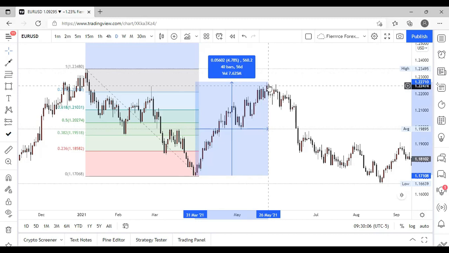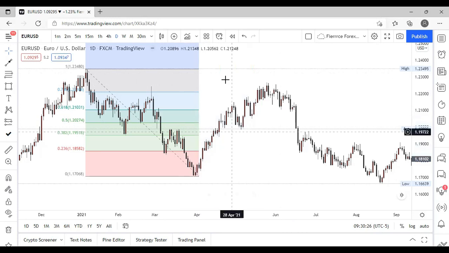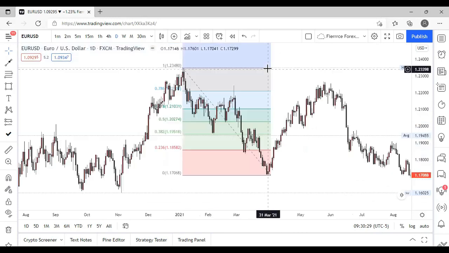If you did the class on calculation of pips, on a micro lot, that's $56. On a mini lot, that's $560. And on a standard lot, that's $5,600 that you have made in the market in 56 days, technically. So this is a significant move.